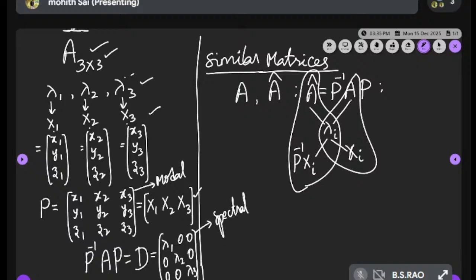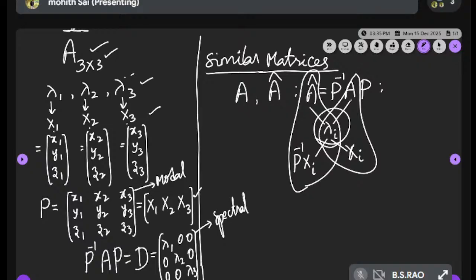What is the meaning? If two matrices are similar, their order will be the same, and also what is same? Eigenvalues are the same, not eigenvectors.